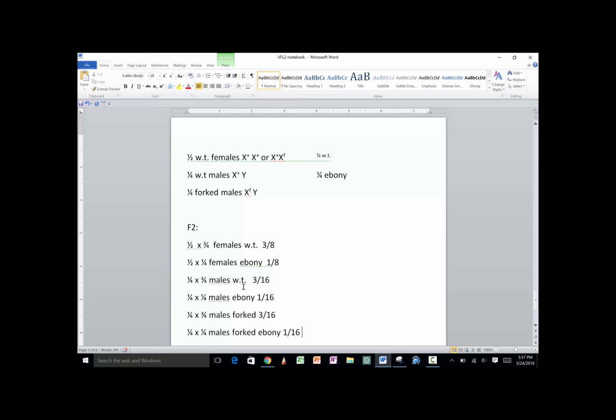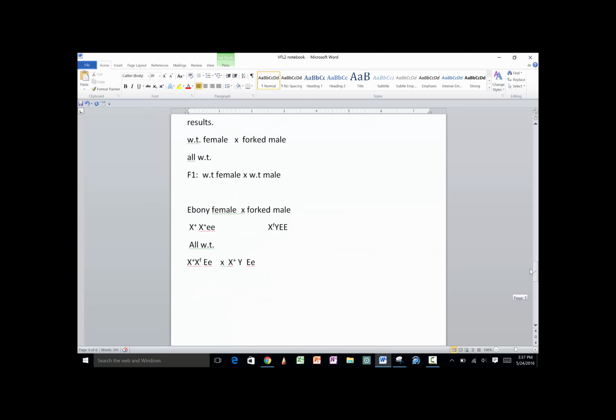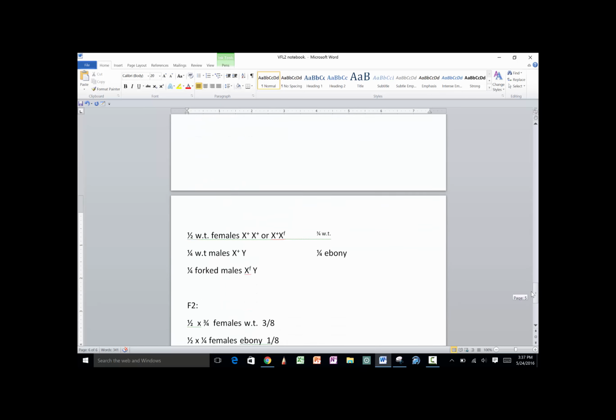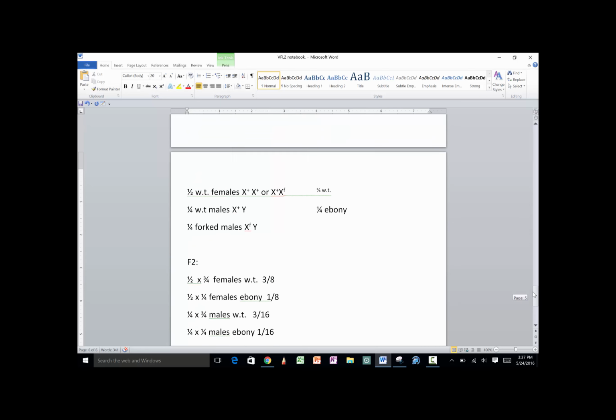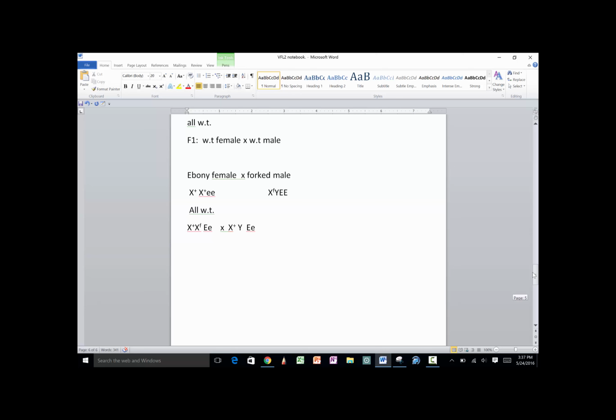Okay, so this is what we're predicting. So we did the cross the hard way. We did the cross so that we don't see the results until the second generation. So we crossed an ebony female with a forked male, we got all wild type.